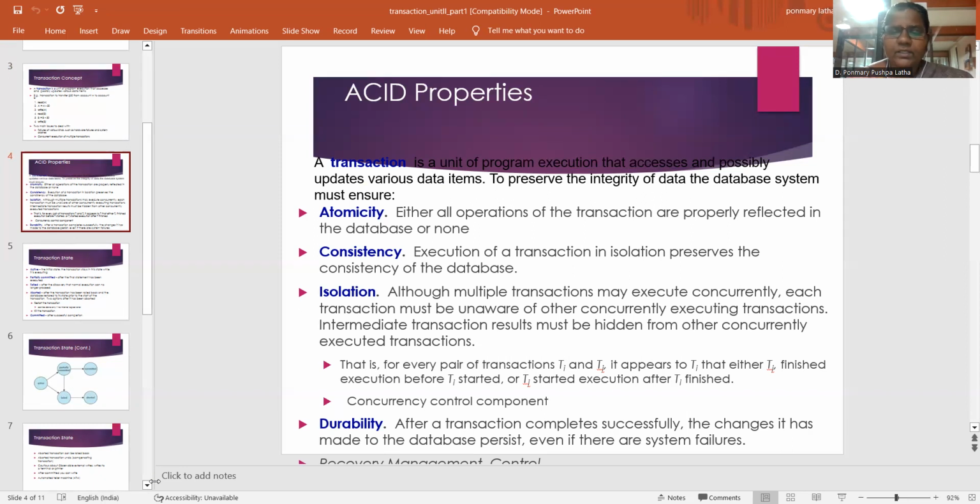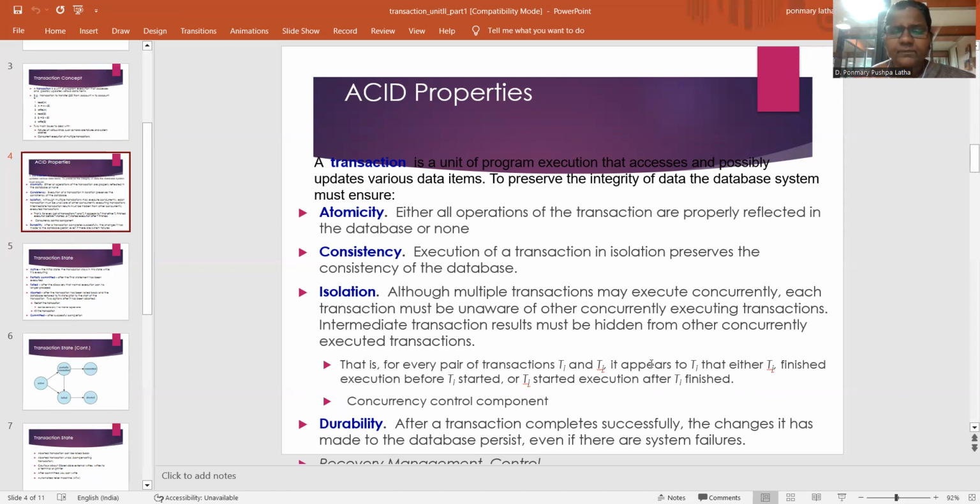Then isolation. In concurrent execution, which one has to execute first? If T1 is executing first, T2 has to execute second. Who has to execute first has to be clearly identified.